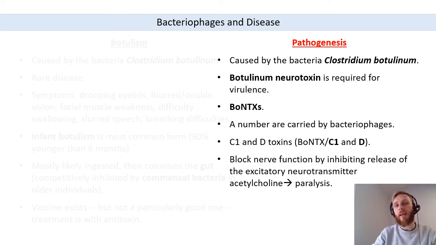And some of these are carried by bacteriophages, some aren't, but it's still a really useful and interesting example, because in a lot of cases it is the bacteriophage that introduces the gene for the particular botulinum toxin into the bacteria. So yeah, interesting for us to understand. And we have some of the specific toxins, C1 and D toxins, both botulinum toxins, that are introduced into the bacteria by bacteriophages, listed on the right of the slide here.